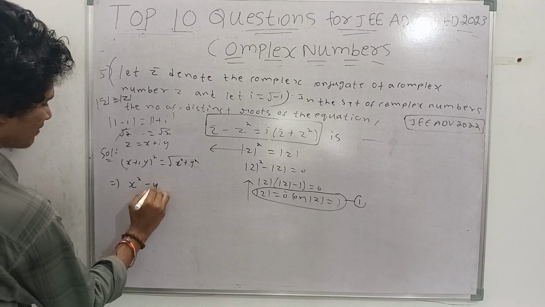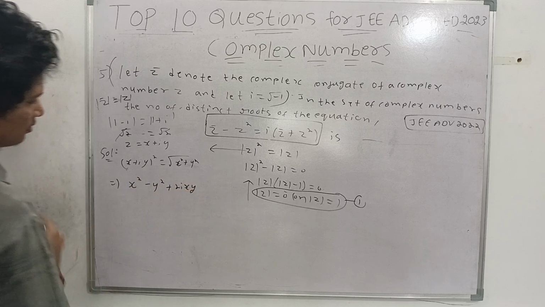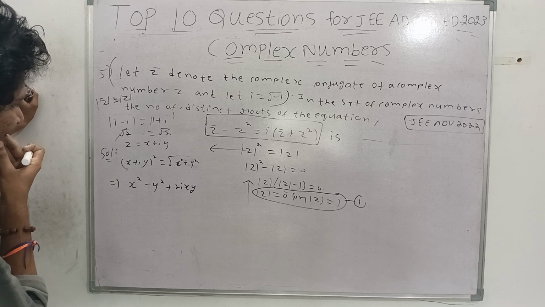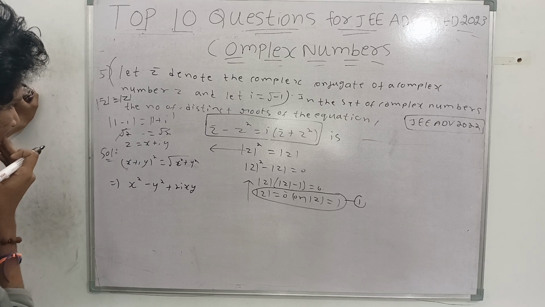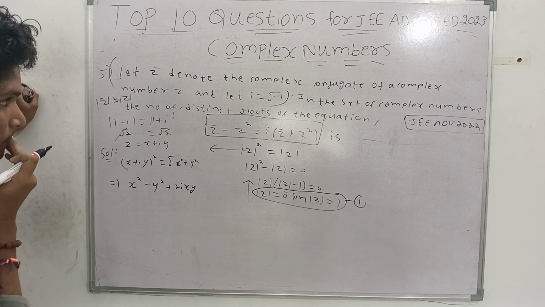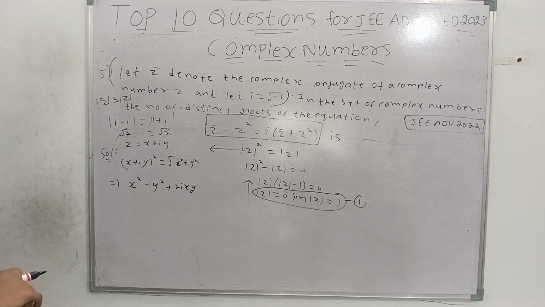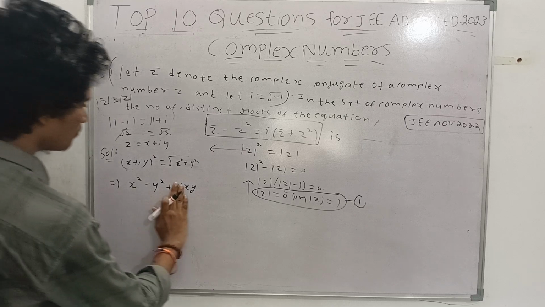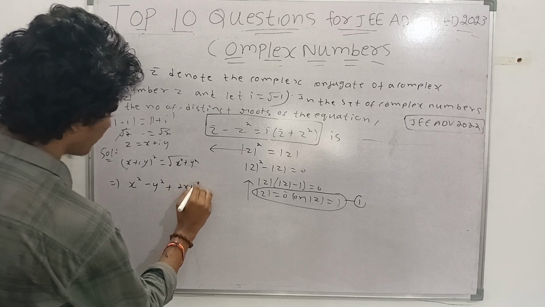It is x square minus y square plus 2xyi. Yes, it is correct. And next, 2xyi. Yes.